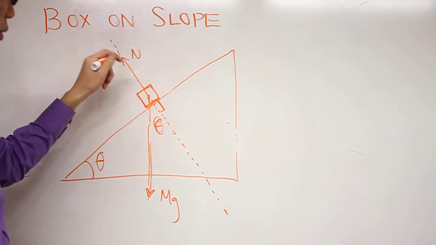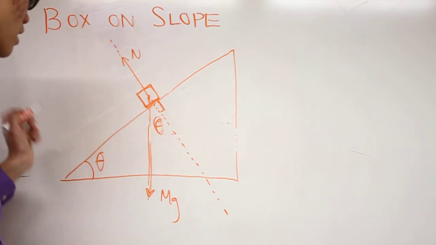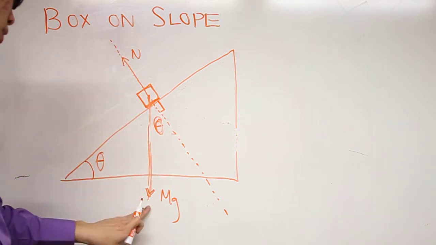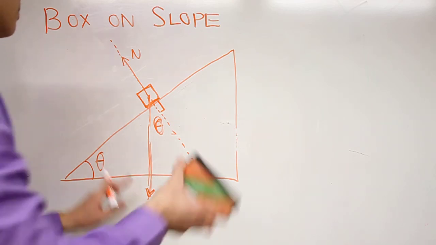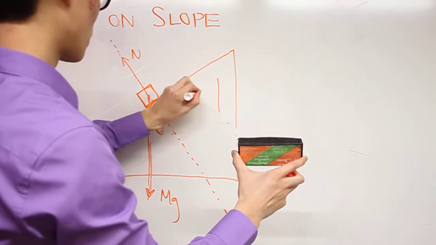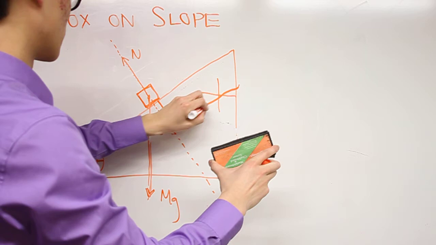So normal force is derived from every other force in that direction, so we need to find that force. And then we can see here that it comes from gravity, so we need to break gravity into two components. We've been thinking in this coordinate plane, and these kinds of problems require that you switch to this plane.